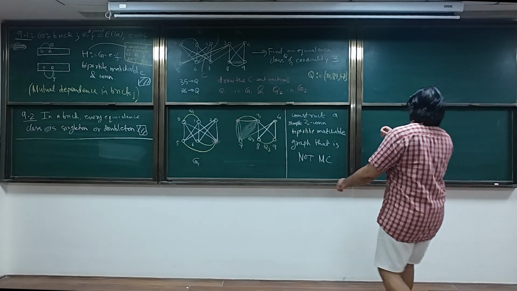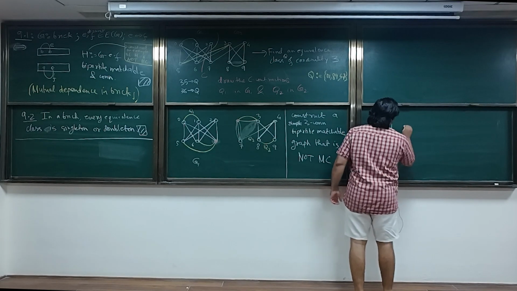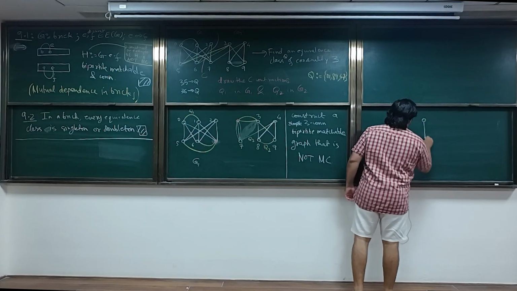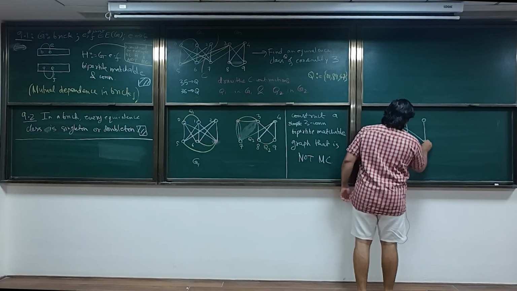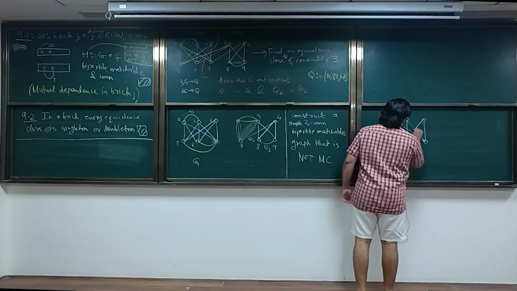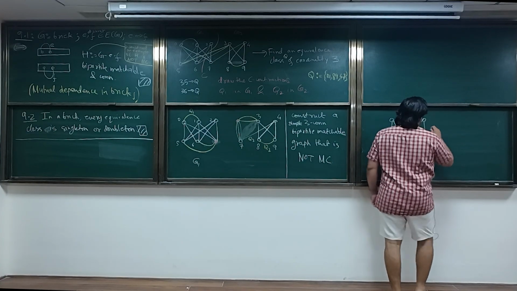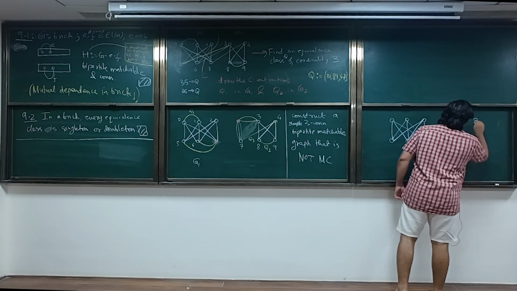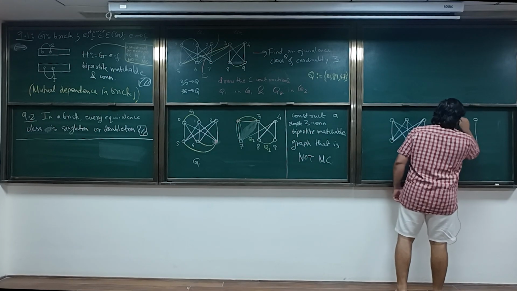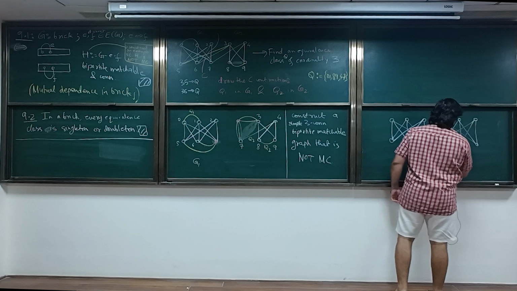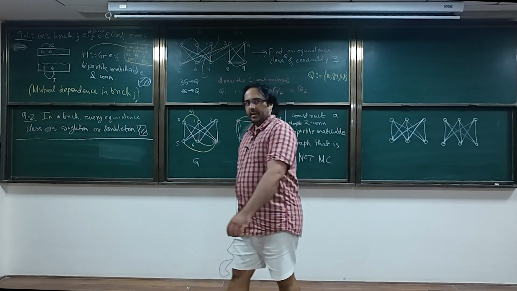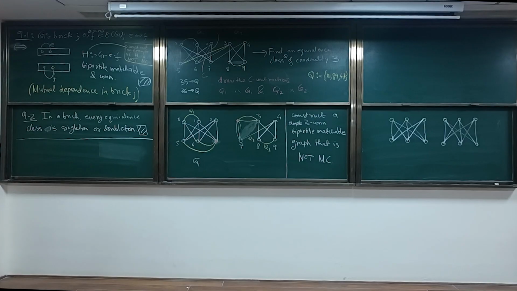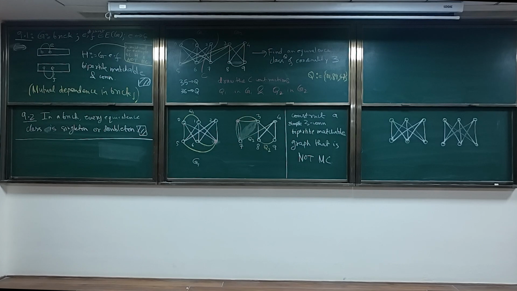So one way to go about this is to take two copies of K33. I wish I could just clone this, but I can't. Can you add some edges to two copies of K33 to get a three connected bipartite graph that is not matching covered?